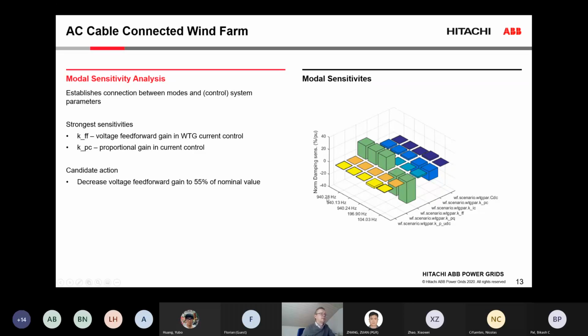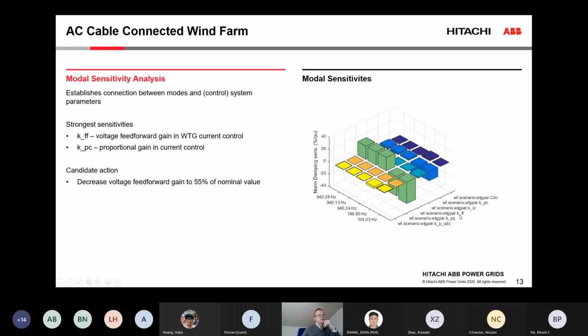On this axis we have the resonance mode, so the main problems with the instability are related to this 196 and 104 Hertz. And we can see that there are strong sensitivities here to some control parameters. So this control parameter here, that is the KFF.